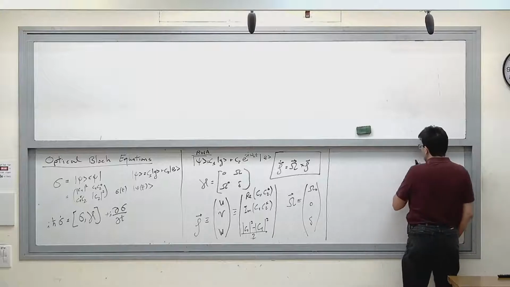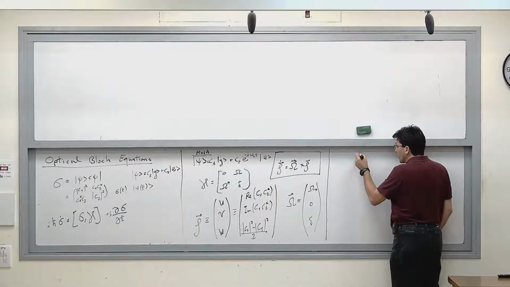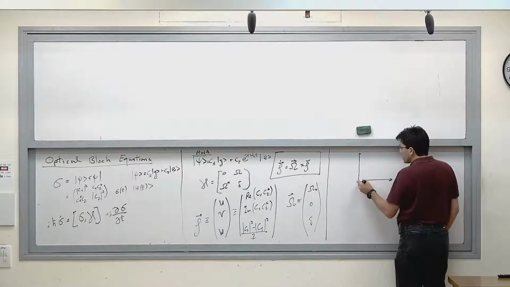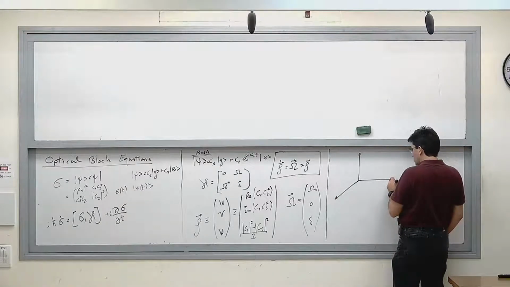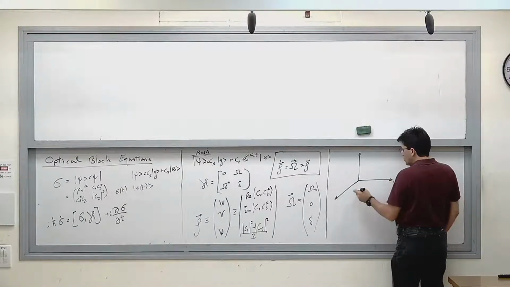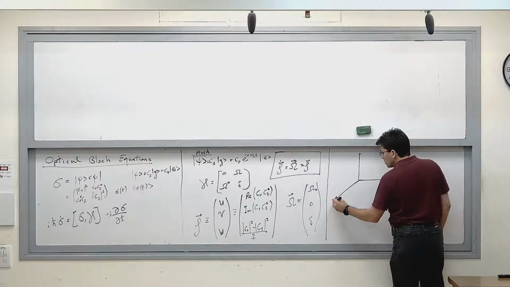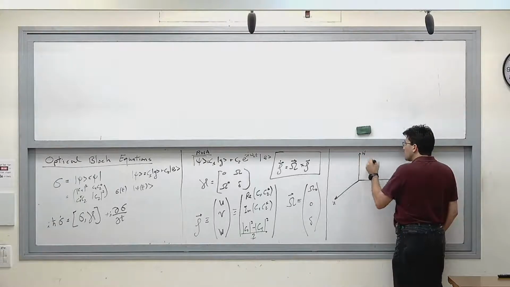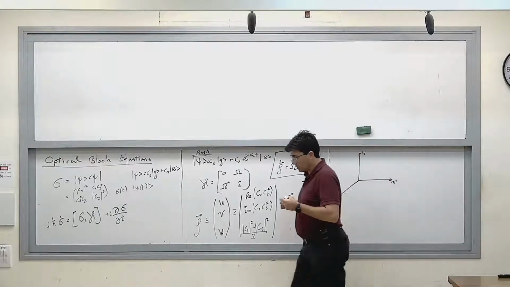Here is my UVW fictitious space. Maybe better make that one U, V, W. Why?